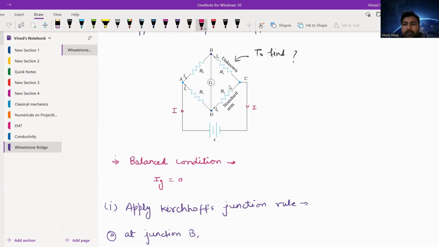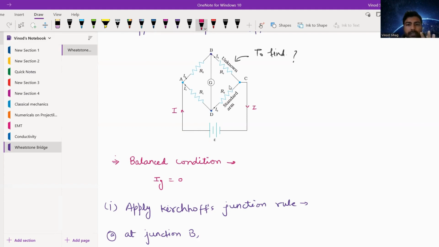And at that time, the bridge will be balanced. The application of the Wheatstone bridge is very important. If we study the meter bridge in our laboratory, when we demonstrate the meter bridge experiment, we use the Wheatstone bridge. We take some unknown resistor, like we don't know the value of it, like it is 500 ohm or 1000 ohm.